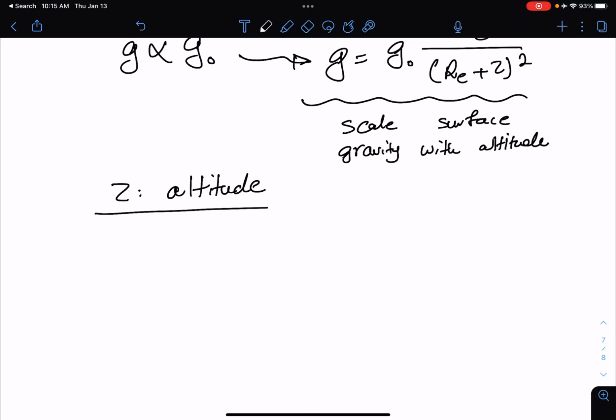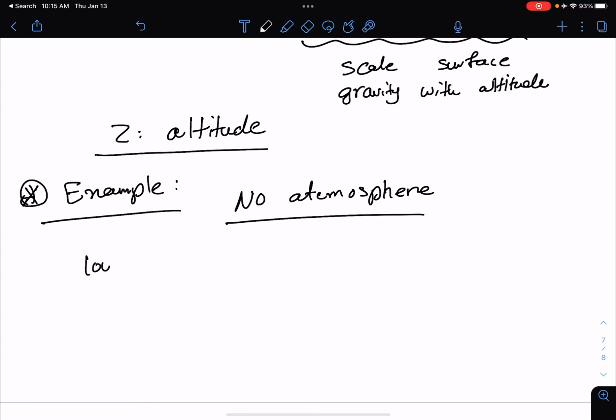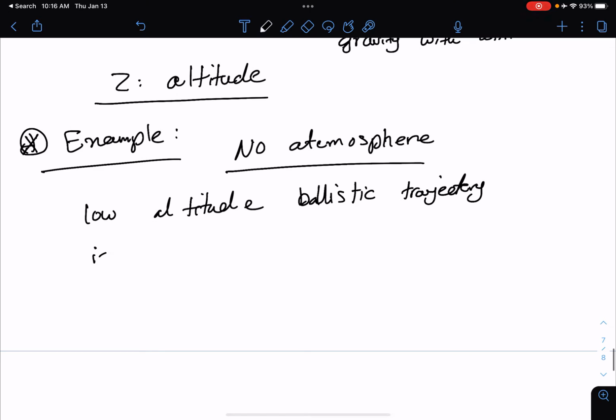So let's solve an example which is mostly related to the previous lecture's topic. It's a little related to this topic as well. We want to show that in the absence of an atmosphere, so no atmosphere, the shape of a low altitude ballistic trajectory is a parabola.